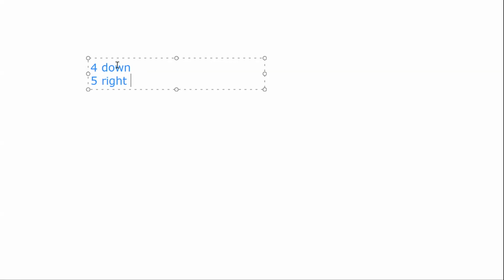For y. And since it's down, is it going to be negative or positive? It's going to be negative, so negative 4 for y. And right and left is for x, right? And since this is right, it's going to be positive. So positive 5 for x.